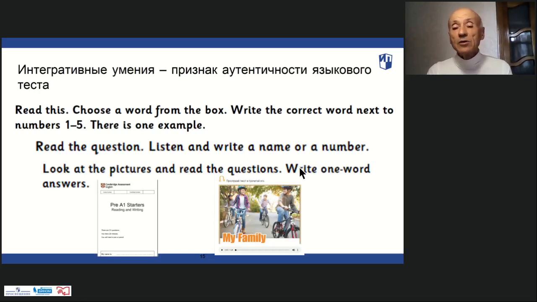They are to be included gradually, task by task, within 2 or 3 years. But already this year in the demonstration version, there is an exercise with an integrated skill.